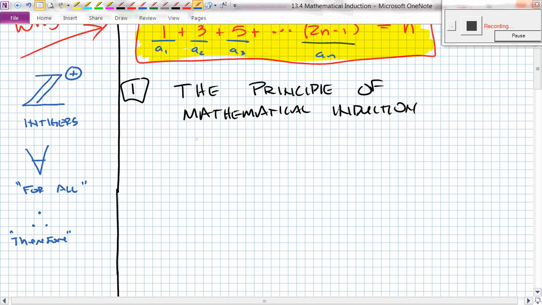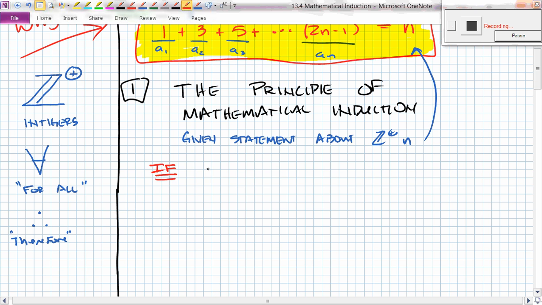If you're starting off with the principle, you're given some statement about the positive integers, or n. As an example, I've been given a statement about the integers. It's an if-then statement.